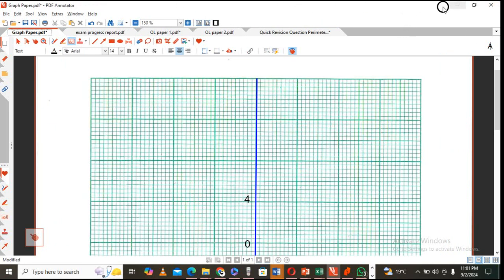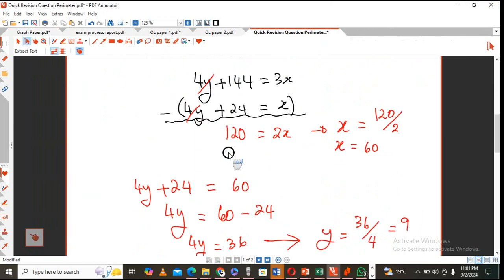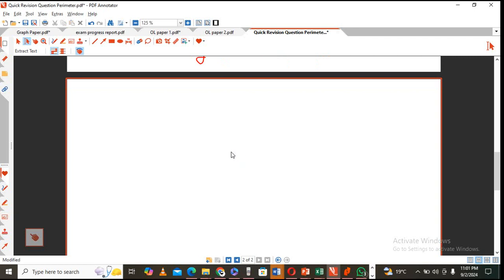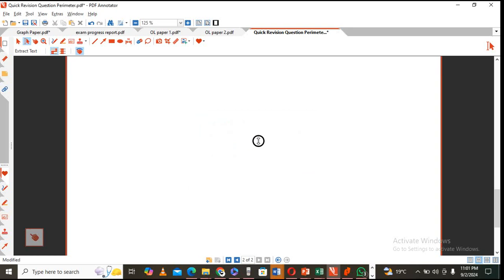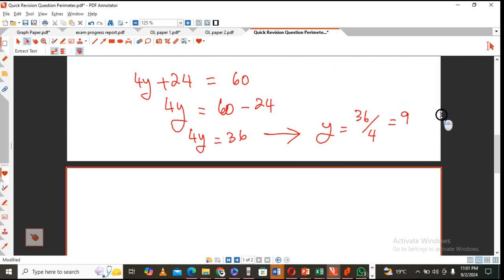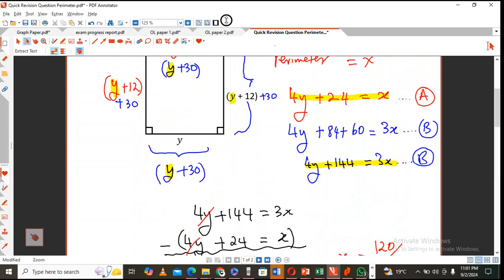I just have a little bit of difficulty here. Of course, I can always draw it. This is a little bit of a glitch in the software.